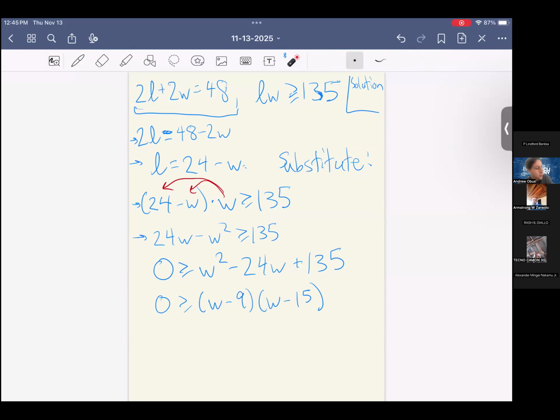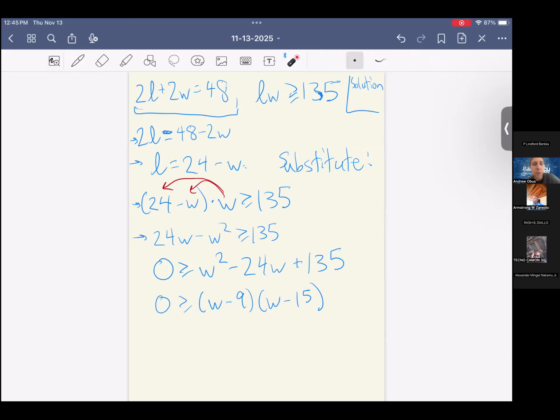Okay. So what do you do when you're solving a quadratic inequality? If this was a quadratic equation, if we had 0 equals W minus 9 times W minus 15, if that was equality, then we would just say, okay, either W minus 9 equals 0 or W minus 15 equals 0, which would be either W equals 9 or W equals 15, and you'd be done.